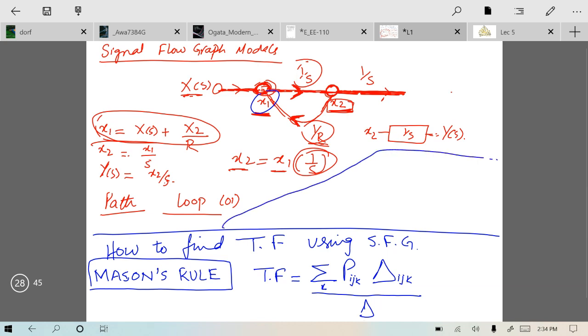I am trying to utilize this space because on the next page I will be doing an example. So P_ijk, what is P_ijk? P_ijk is the kth path from node i to j.